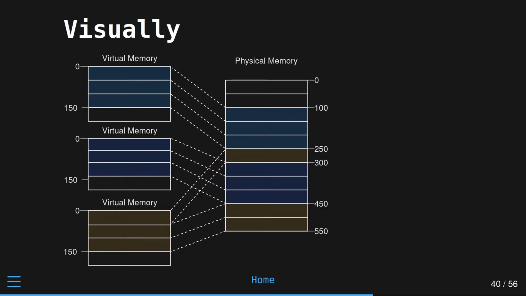From the perspective of, we're going to call that milk chocolate color, it cannot tell its pages are non-contiguous. It reads directly across the region, and the MMU simply gives the bits back in order. This is cool.